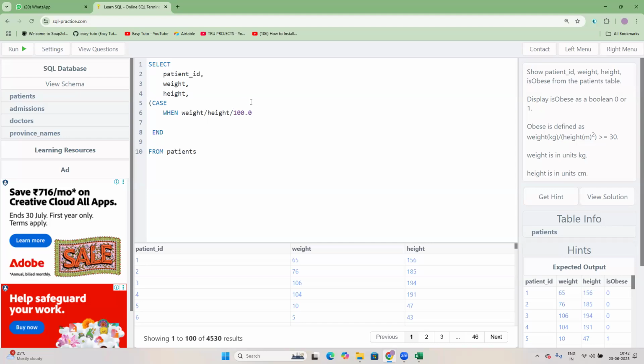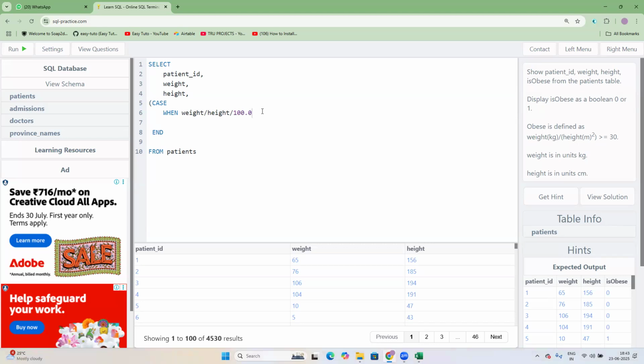Because if I do 100, then integer divided by integer, the output will be integer. But the output I want is in float, that is with the decimals. That is why instead of writing 100, I'm writing 100.0. So integer calculated with any float, the output will be float.